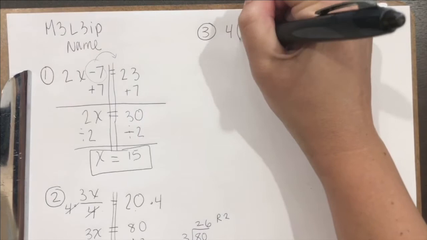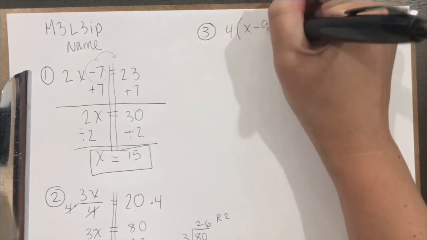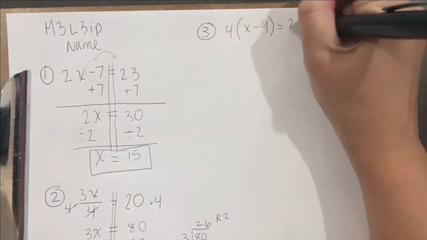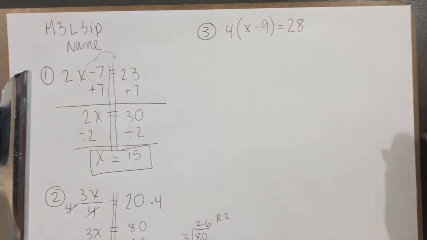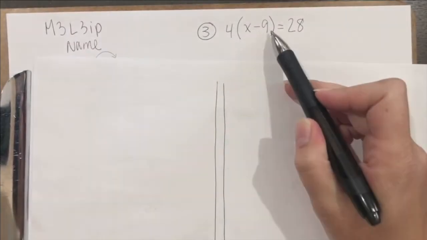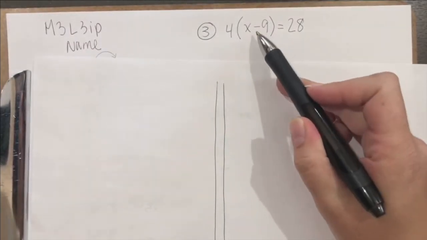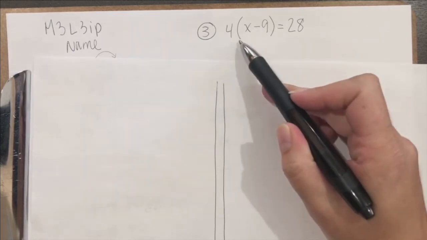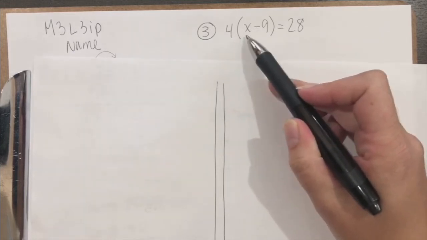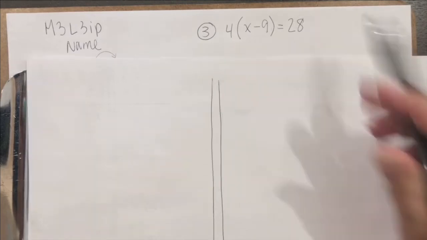For parentheses, x minus 9 equals 28. All right, let's try to use my equation mat for this. When we have parentheses, we're going to treat it like sets. So I have 4 sets, or 4 groups, of x minus 9.